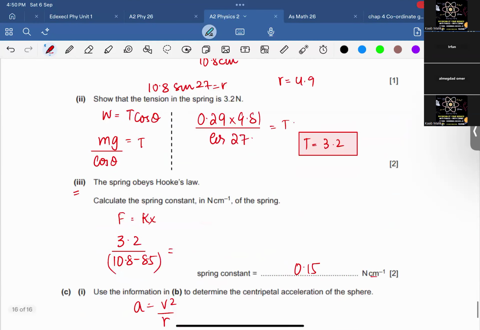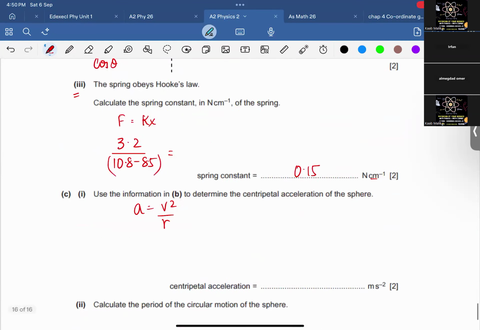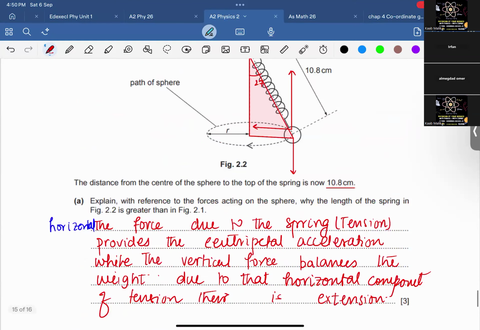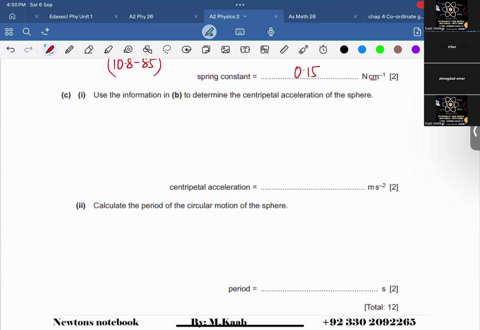If we use T sin theta, which is the centripetal force, it is equal to m r omega squared or m v squared over r.